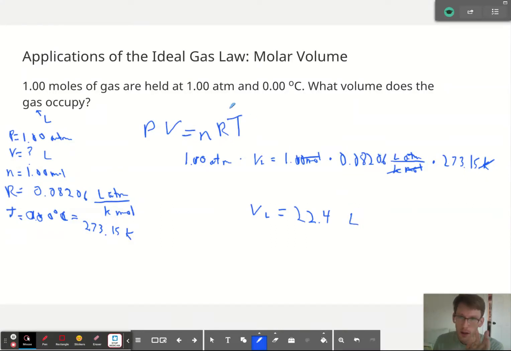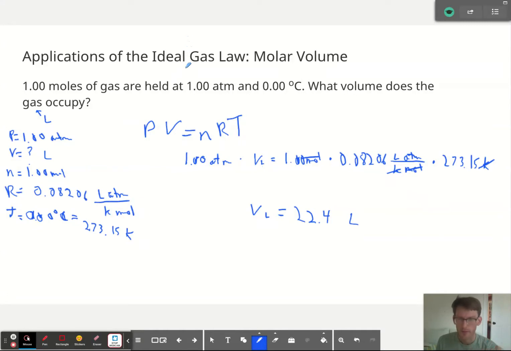Now, I happen to know this. I didn't do the calculation in my head, but that 22.4 has the right number of sig figs. There are 3, just like everything else here, except for the temperature and the R, which are more precise.